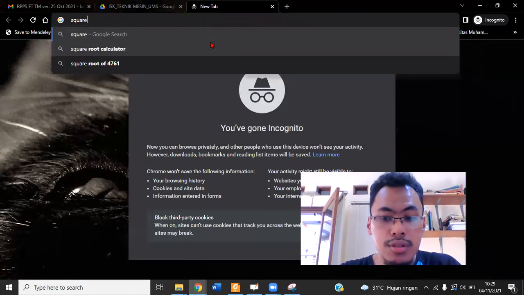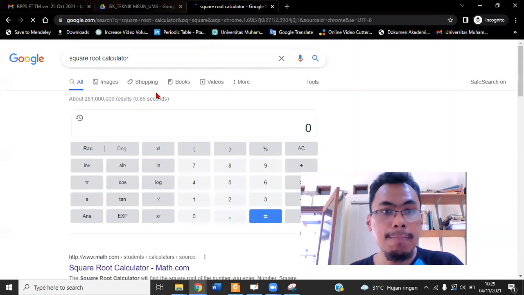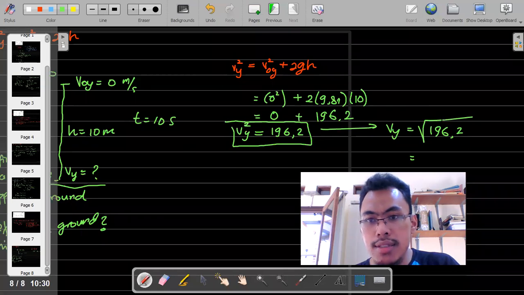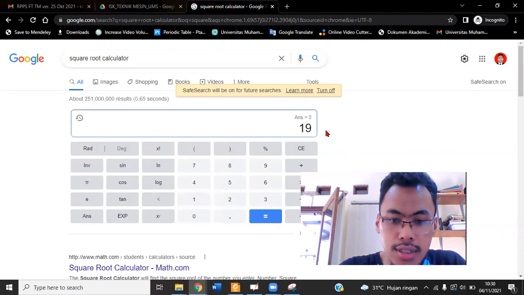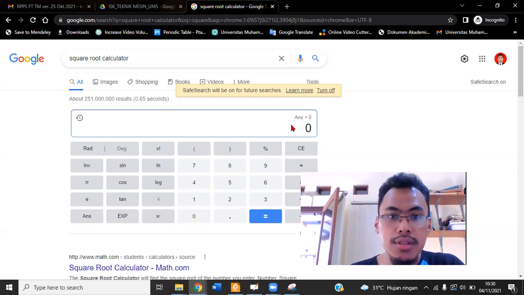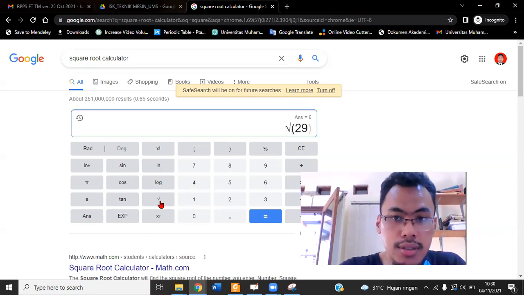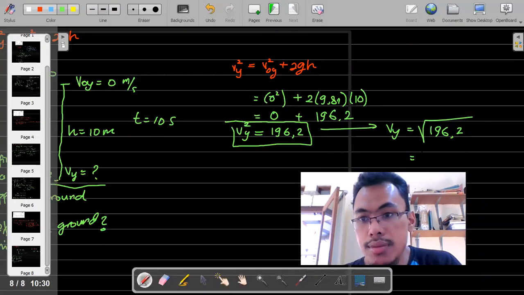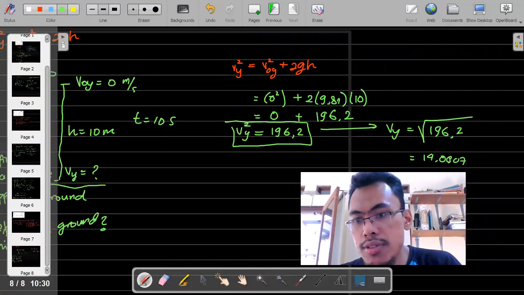Square root of 196.2. Yes, so this one is 14 point something, 14.007 meter per second.